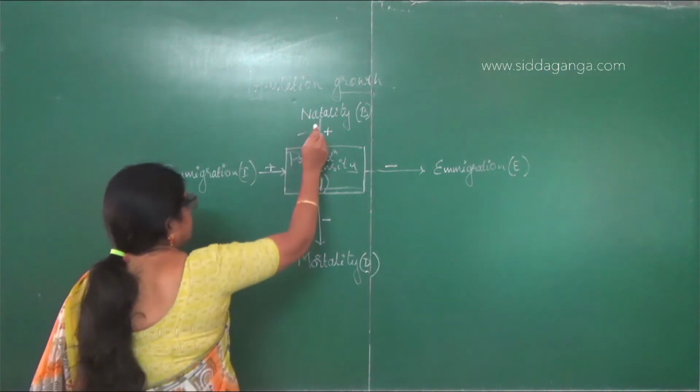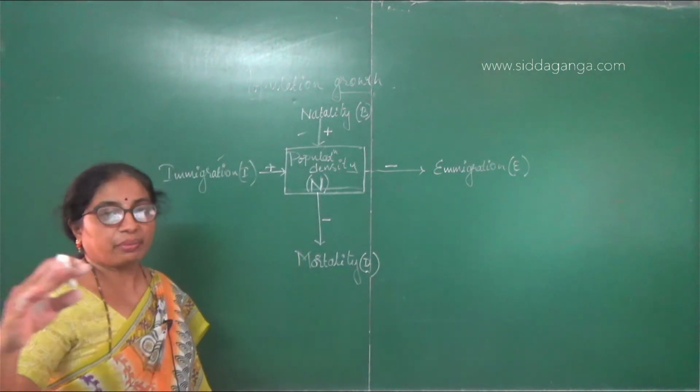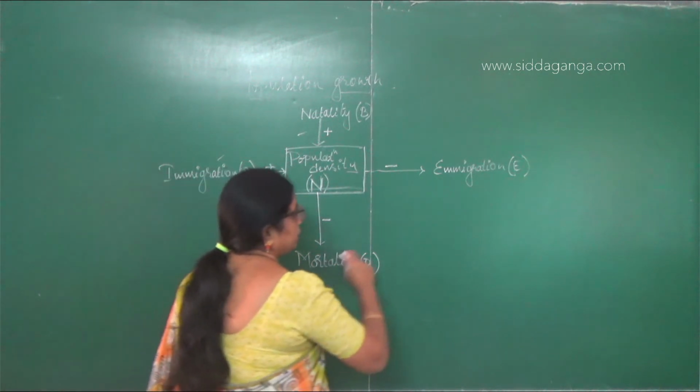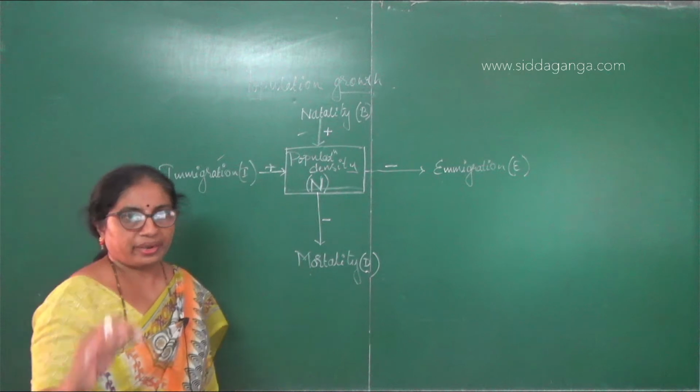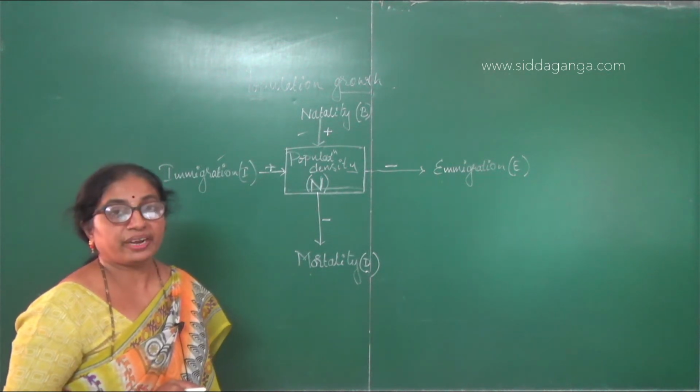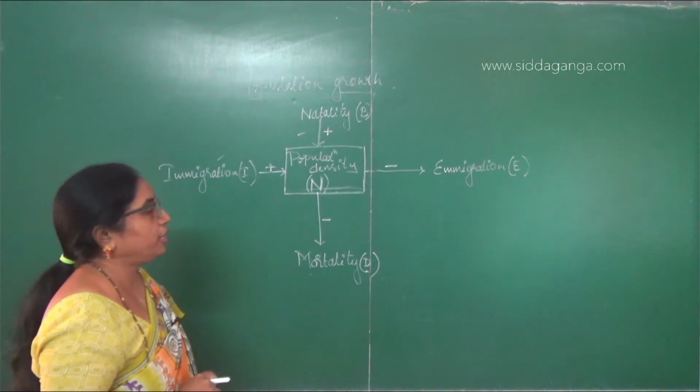So natality and immigration will bring about the increase in the population size, whereas mortality and emigration will bring about the decrease in the population size.